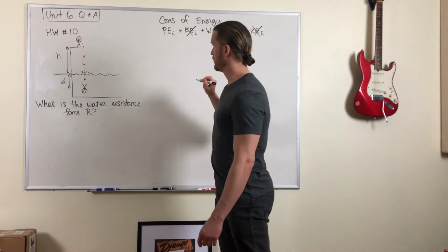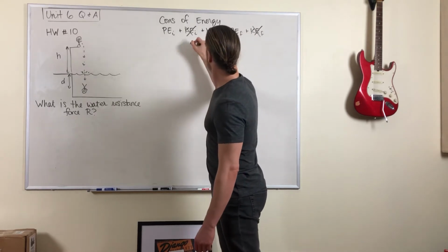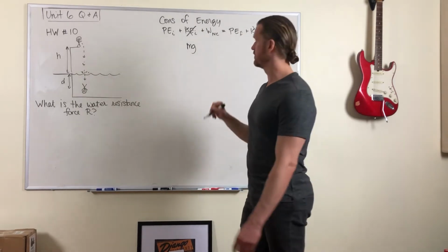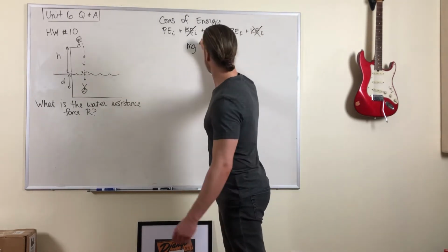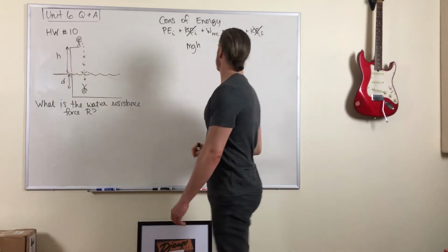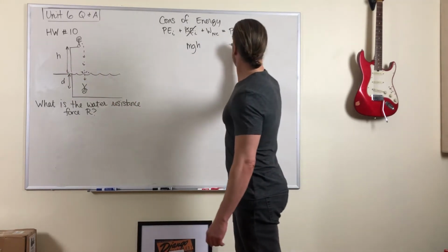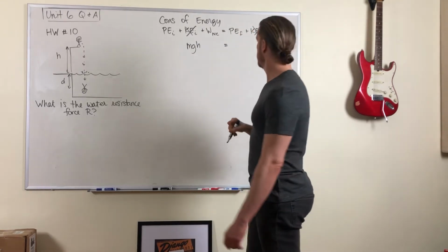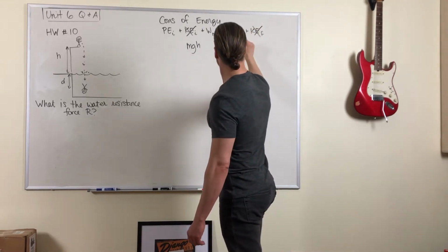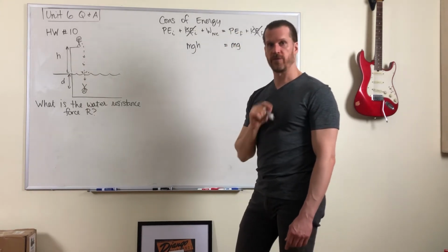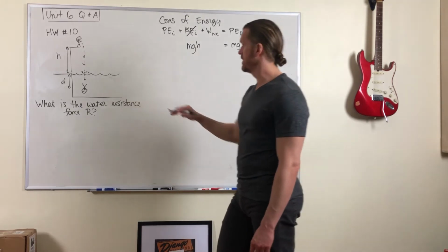The initial potential energy is just mg times the initial height, which I'll call h. I labeled it h on this diagram. And the final potential energy is mg times the final height. And there's one thing that's a little bit subtle here.